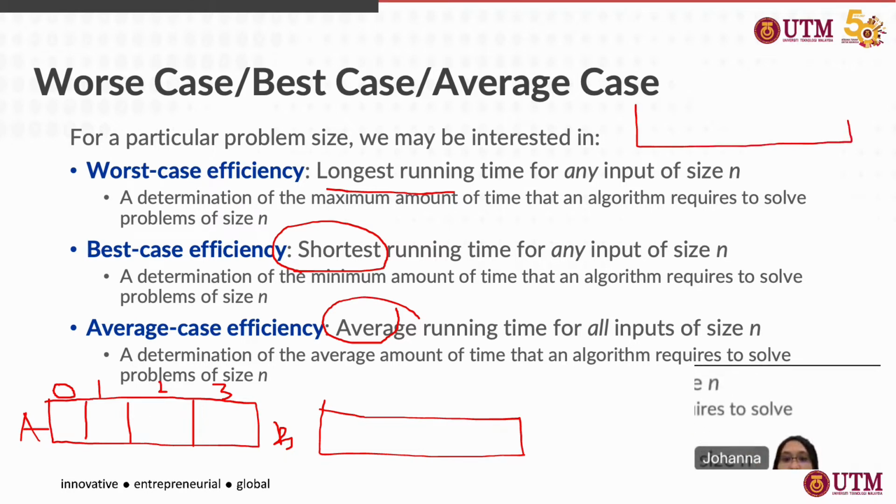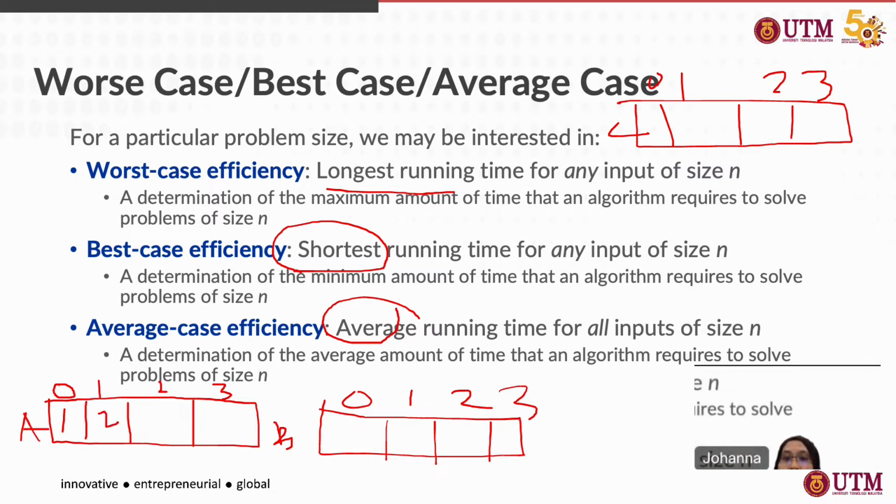Here we can have 0, 1, 2, 3, and here also we have 0, 1, 2, 3. If my first data set, A, has the values 1, 2, 3, 4, and for B I have 2, 1, 3, 4, and for the third data set, C, I have 4, 2, 1, and 3.